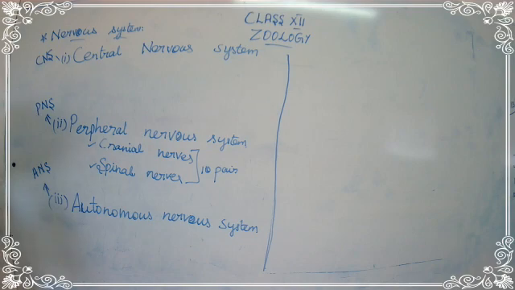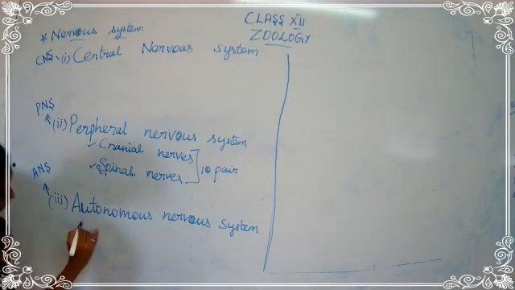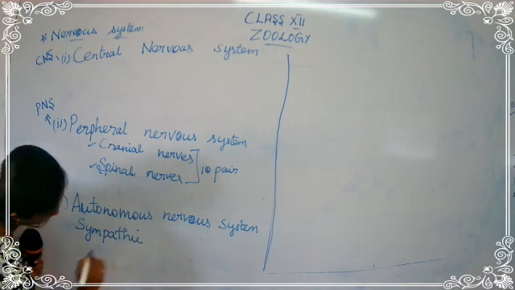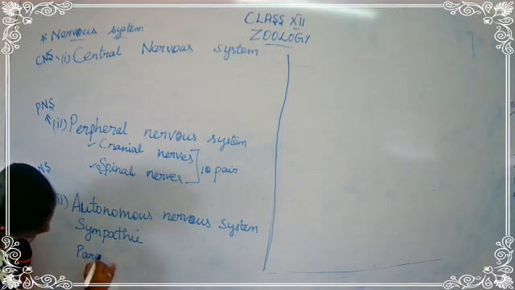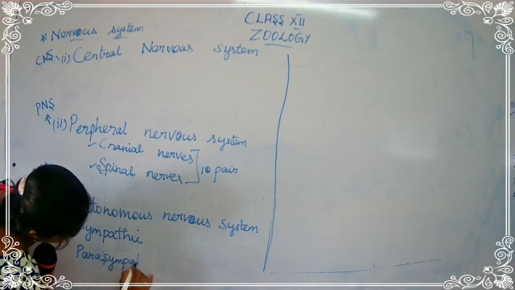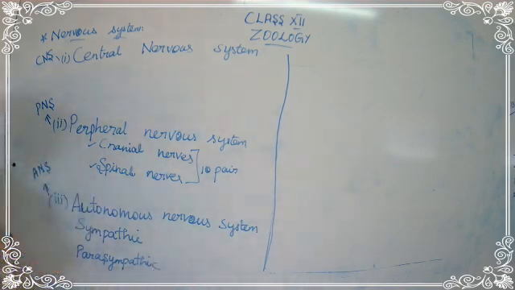The autonomic nervous system is divided into sympathetic and parasympathetic. Okay. So, sympathetic and parasympathetic are the divisions of the autonomous nervous system.